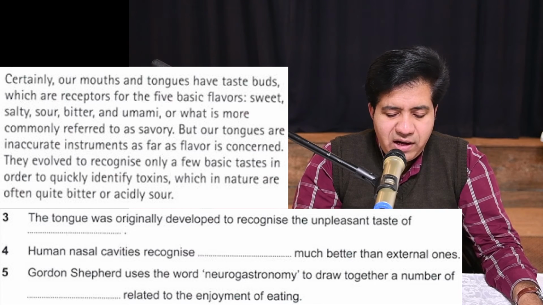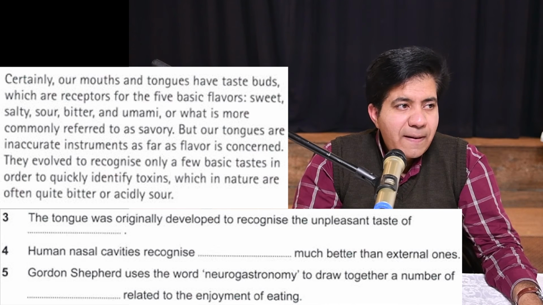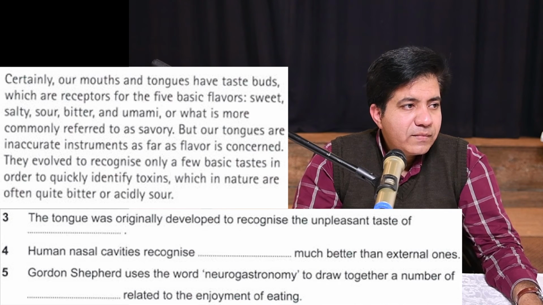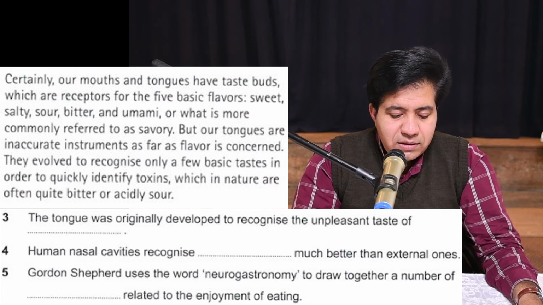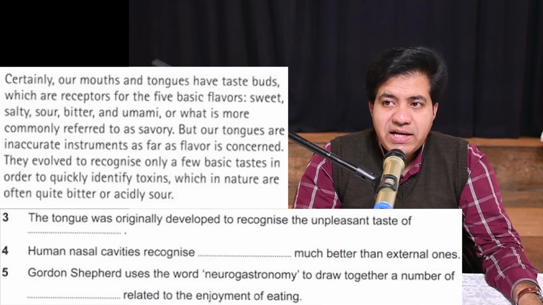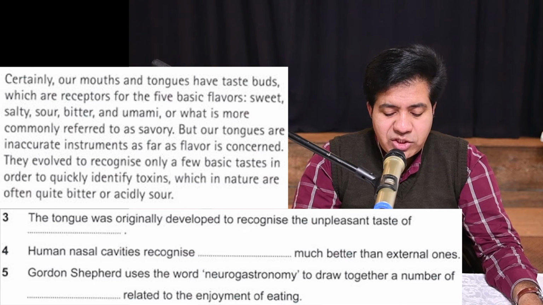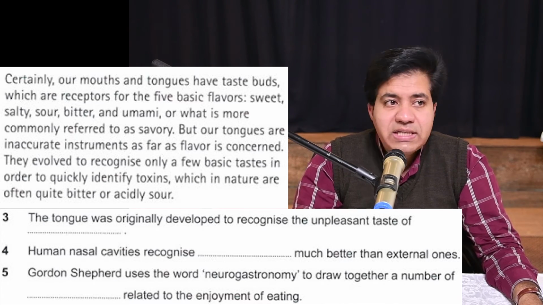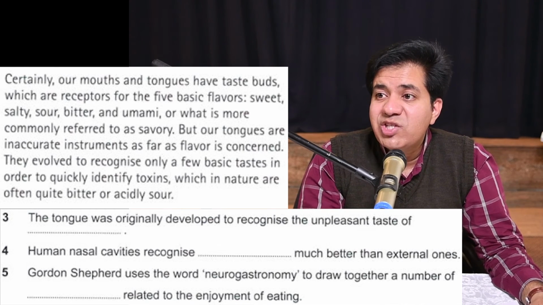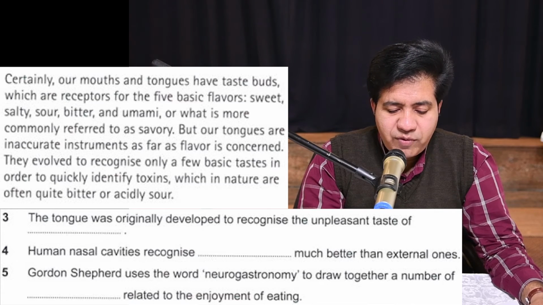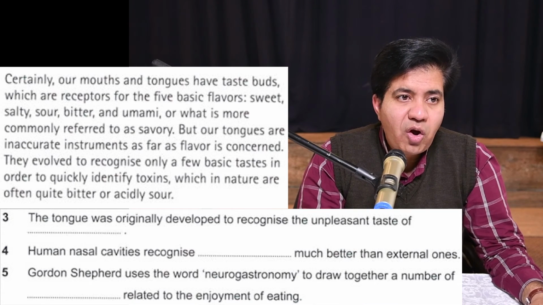Second paragraph, last 2.5 lines. Good. So guys, what's the right answer? Toxins, exactly. And they mention toxins which in nature are often quite bitter or acidly sour. For bitter and sour, they have used the words unpleasant taste, right? So for question number 3, the answer is toxins.